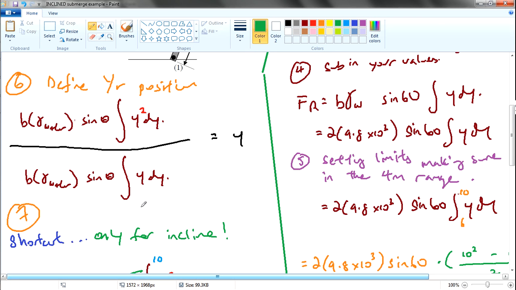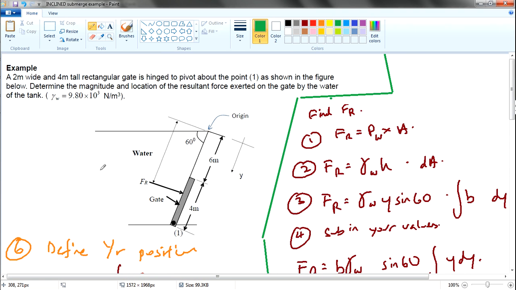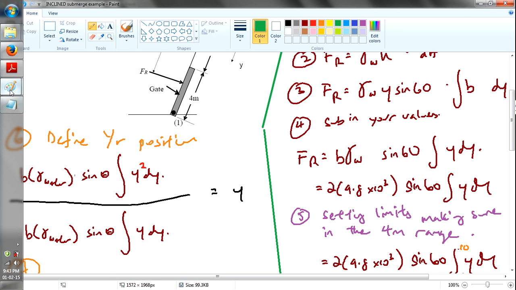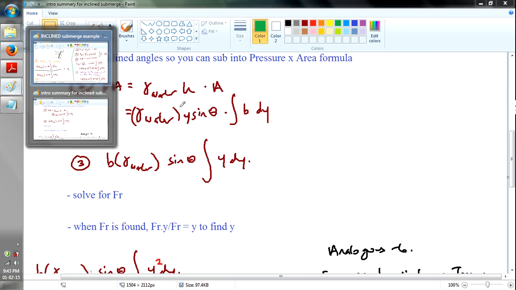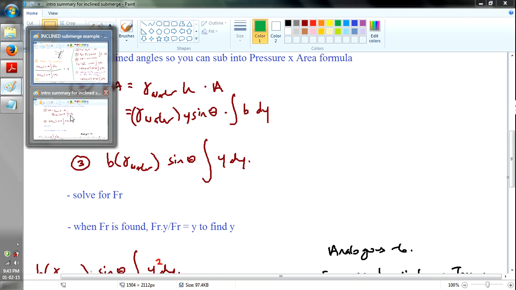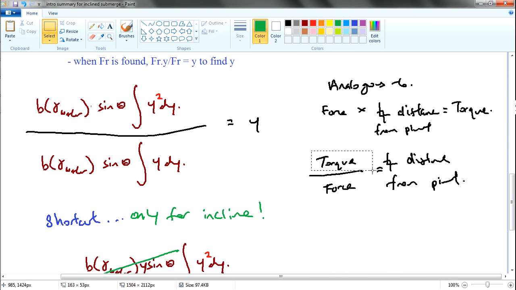Once you find Fr, you can straight away find your YR position by multiplying Y into the force. When you're multiplying a distance Y into a force, you're getting Newton meter, which is torque. So this also explains why we have torque. And then divided by the force Fr that we have found earlier, it equals the perpendicular distance from the pivot.